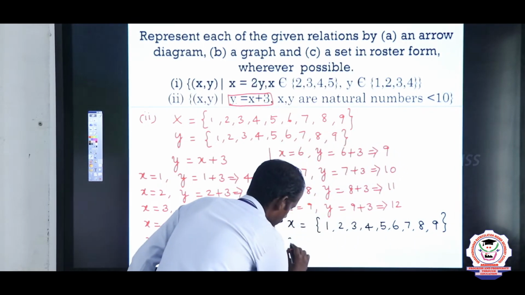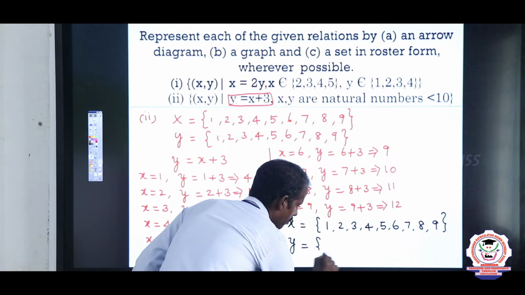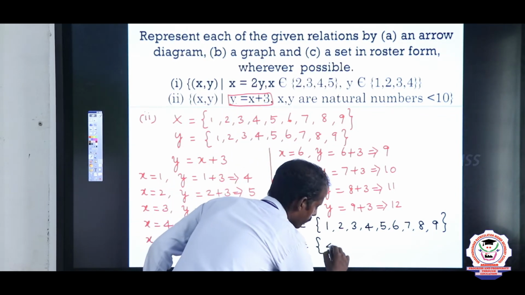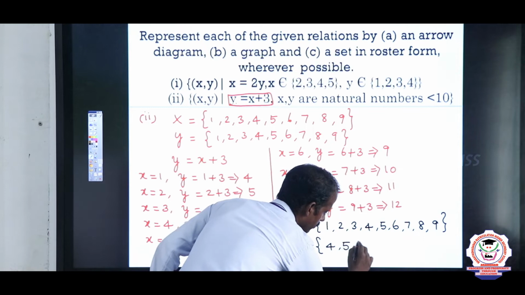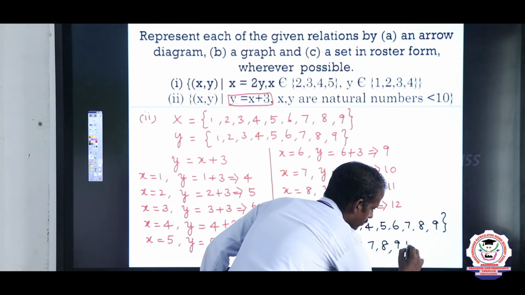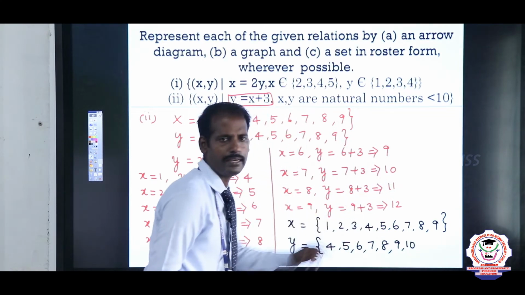Then the y values are 4, 5, 6, 7, 8, 9. 10 is not possible.